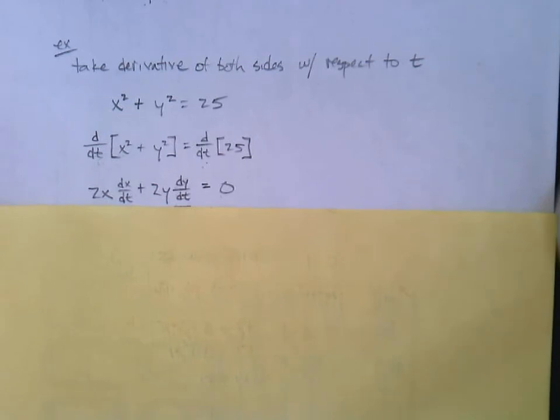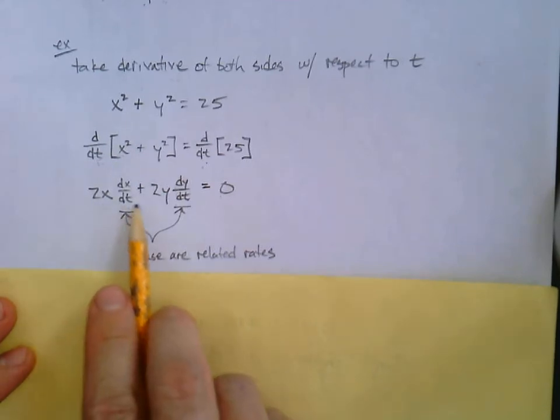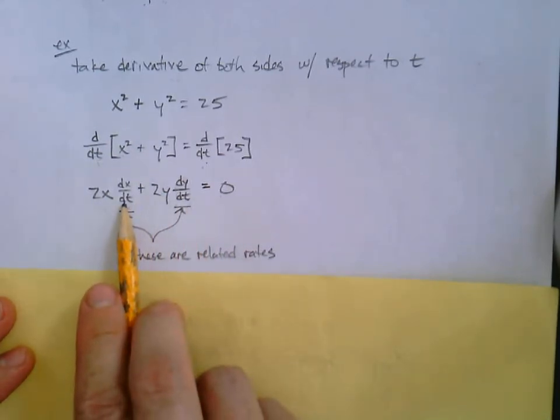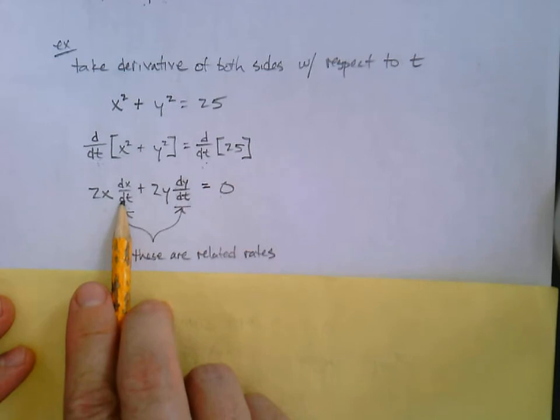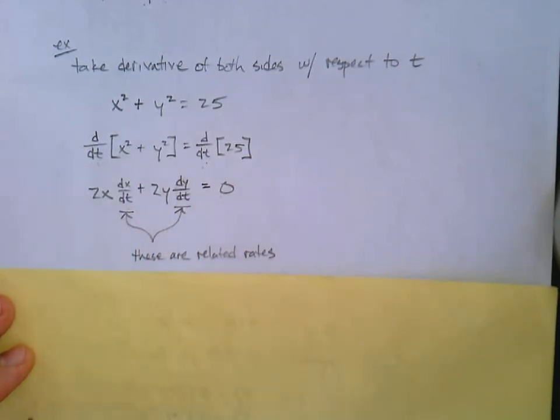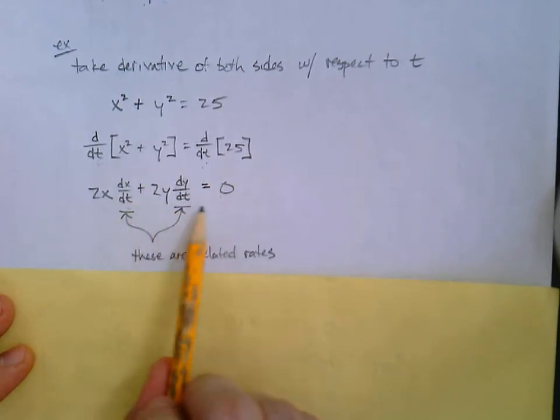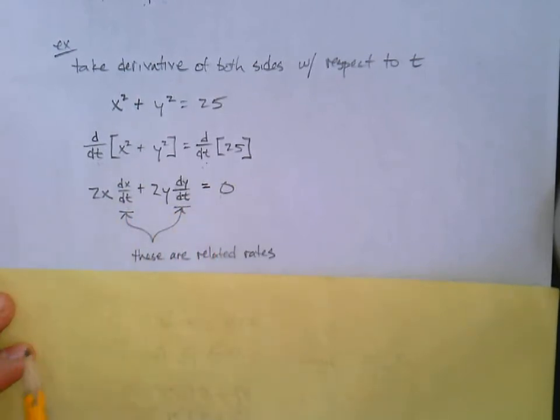And we can explain the name related rates at this point. So notice this equation here involves two derivatives, the derivative of x with respect to t and the derivative of y with respect to t. So when we have two derivatives inside of an equation, it tells us, well, these are related rates, right?